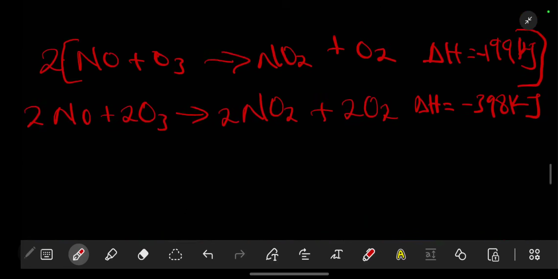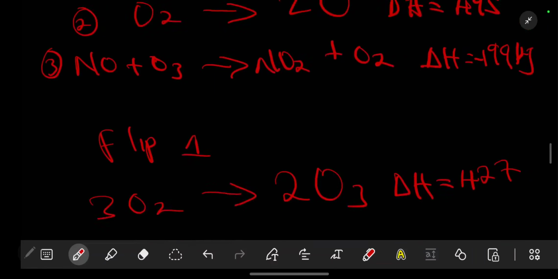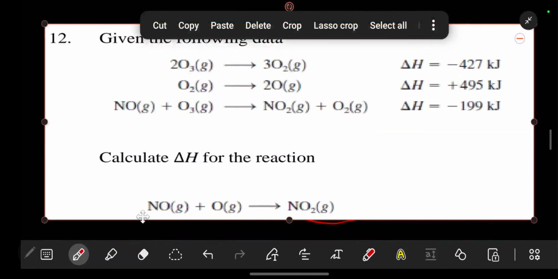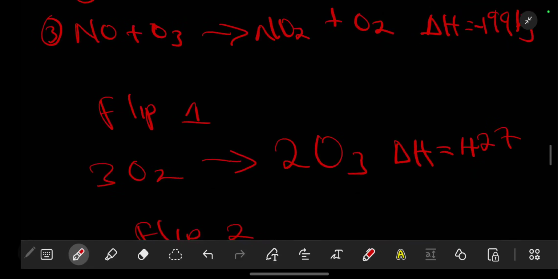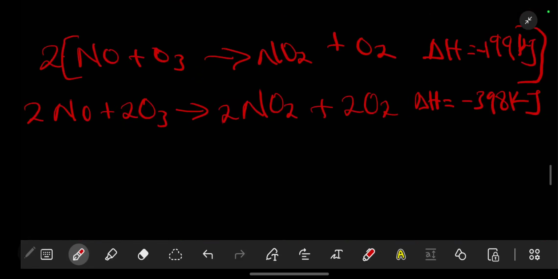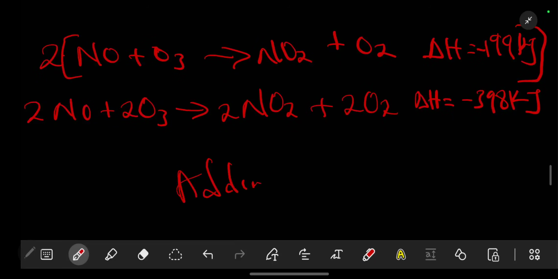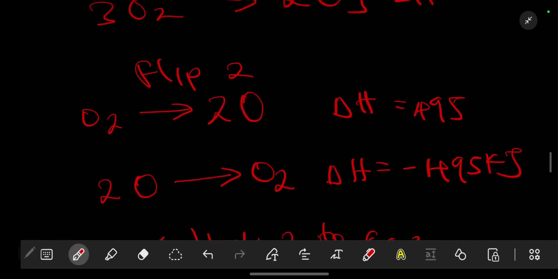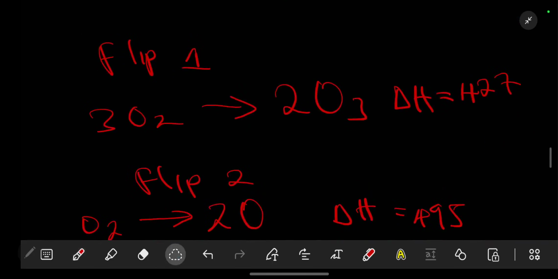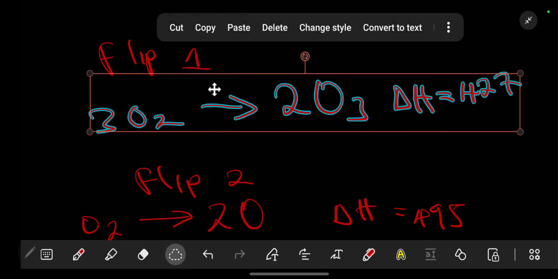After doing that, we can now add them. Don't worry about looking at the coefficient, it's 1. You can always divide at the end. So now we are adding the three equations. The first equation that we flipped is this with its enthalpy change.